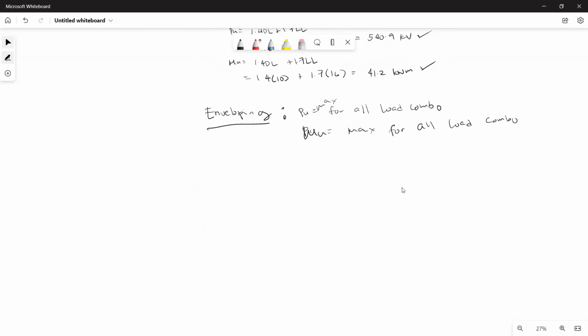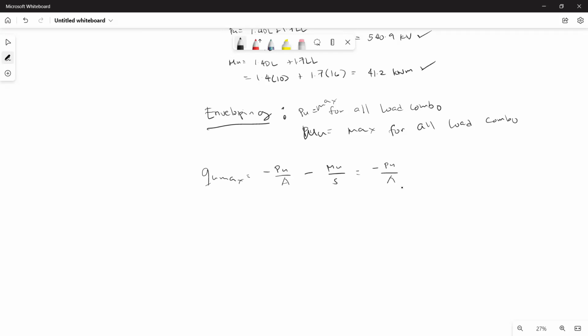For the QU max, you add the two: negative PU over A, where I added U for ultimate, and M over S. When it is rectangular, you can simply memorize this.